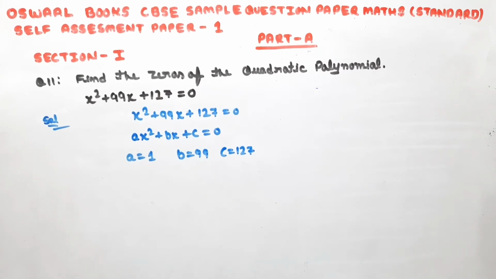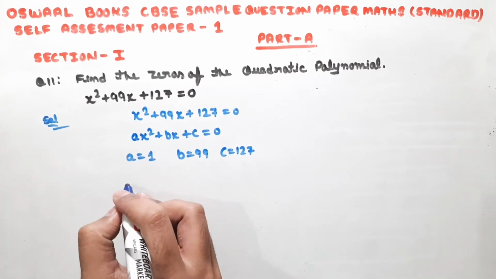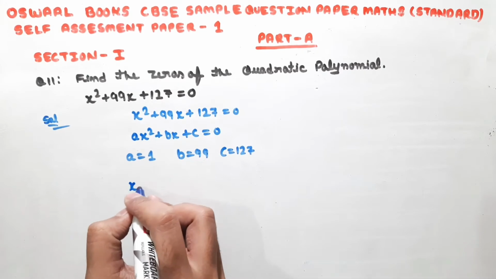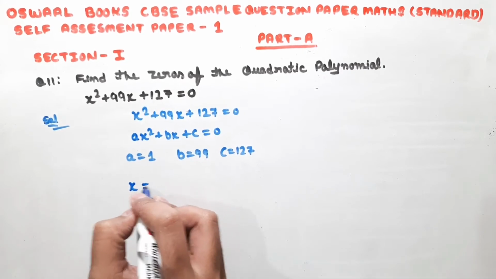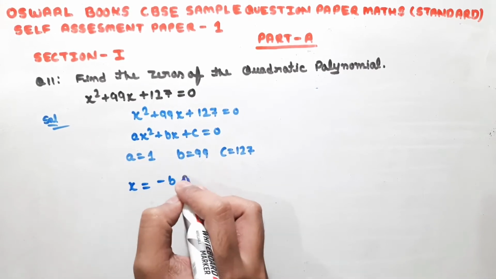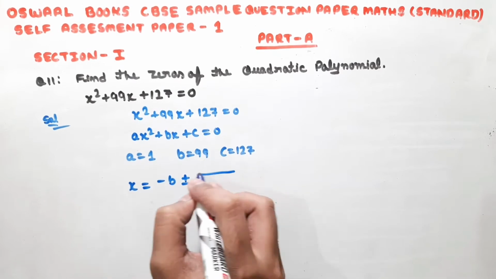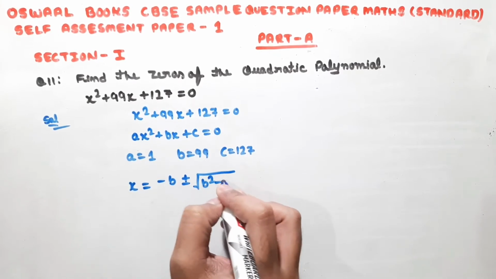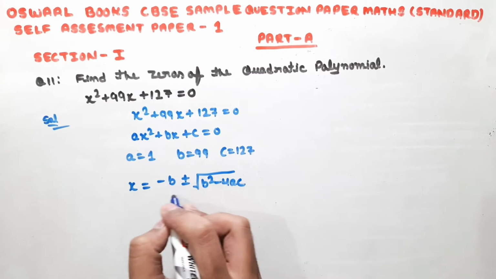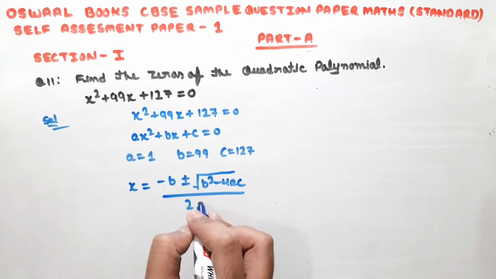We know that by the quadratic formula, the zeros of a quadratic polynomial are given by x equals minus b plus minus under root b square minus 4ac upon 2a.